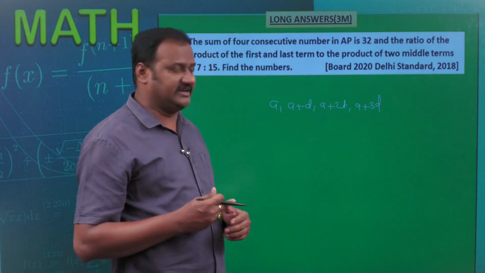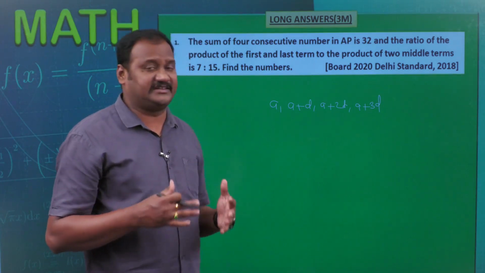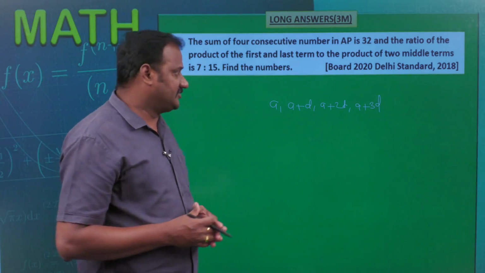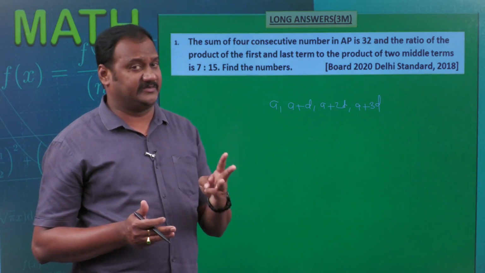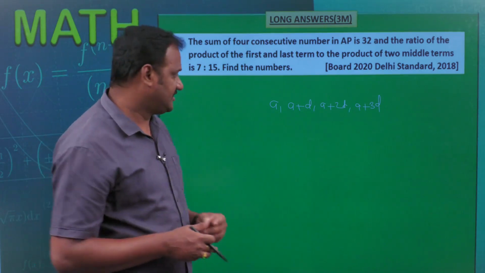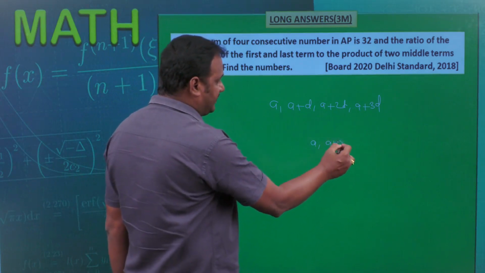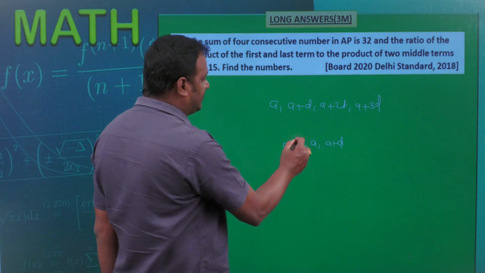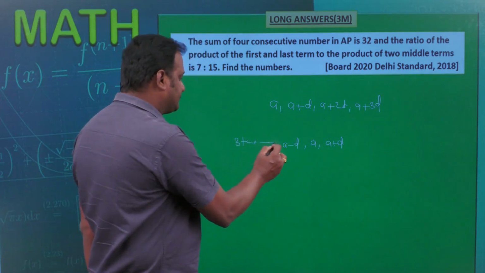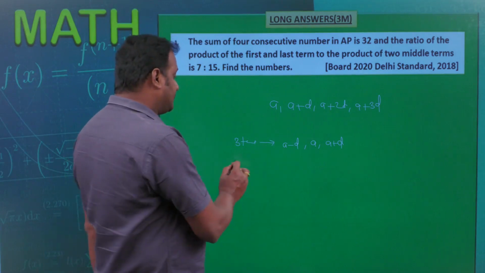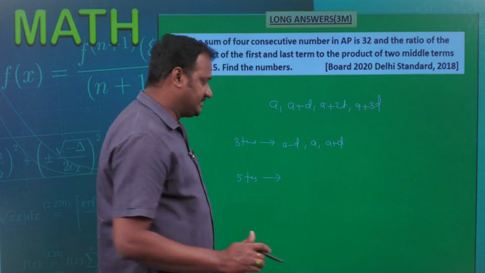But if you think logically, how to select the terms? Please do remember how to select the terms of an arithmetic progression. Suppose you are asked to select 3 terms. Let us start with A and take one term after and one term before, such that the common difference is only D. Suppose you are asked to select 5 terms, use the same strategy.